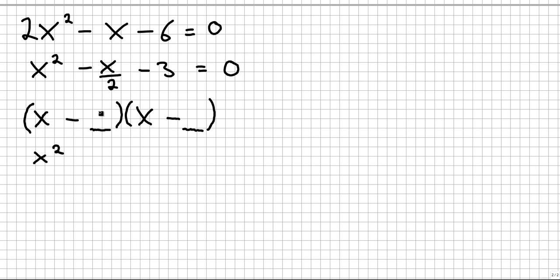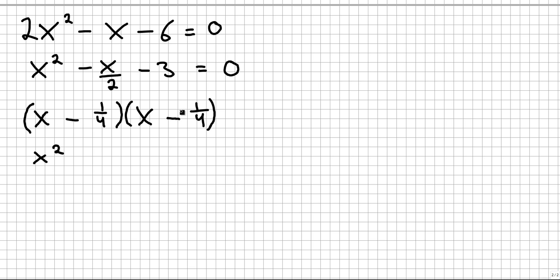So what number should we write here and here to get minus x over 2? Well, if we write 1 over 4, we can try to see if this will give us minus x over 2. So let's expand this one. First, x times x is x to the power of 2.